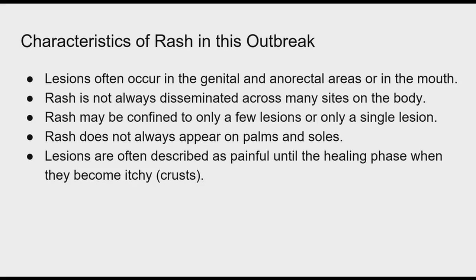And the rash is not always disseminated across many sites of the body. The rash may be confined to only a few lesions, or only a single lesion can justify the diagnosis of monkeypox. And the rash does not always appear on palm and sole, and lesions are often described as painful until the healing phase when they become itchy.